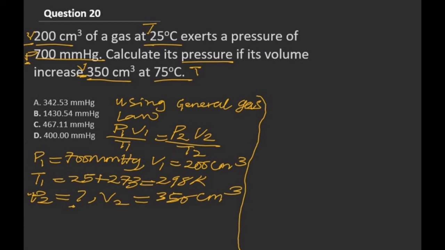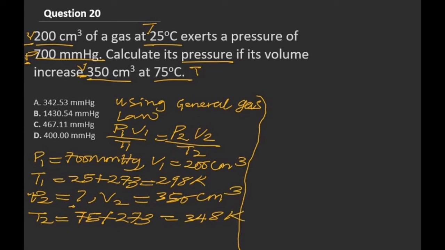T2 is given to us as 75 degrees Celsius. We'll convert it to Kelvin by adding 273, which sums up to 348 Kelvin.